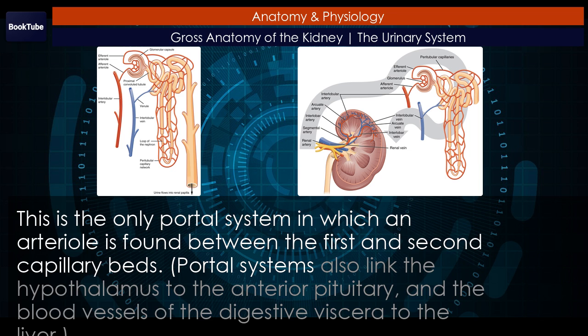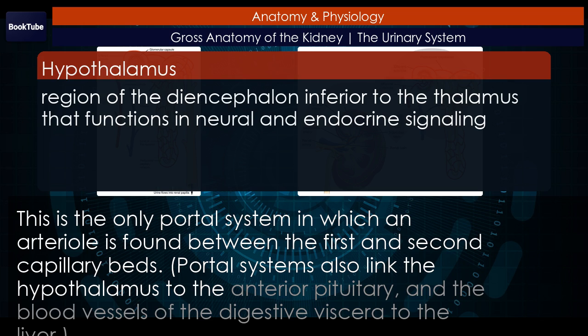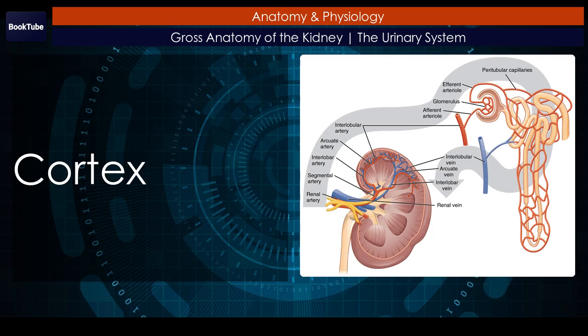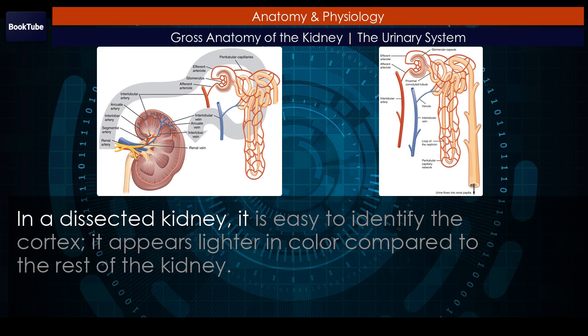Portal systems also link the hypothalamus to the anterior pituitary, and the blood vessels of the digestive viscera to the liver. Cortex. In a dissected kidney, it is easy to identify the cortex. It appears lighter in color compared to the rest of the kidney.